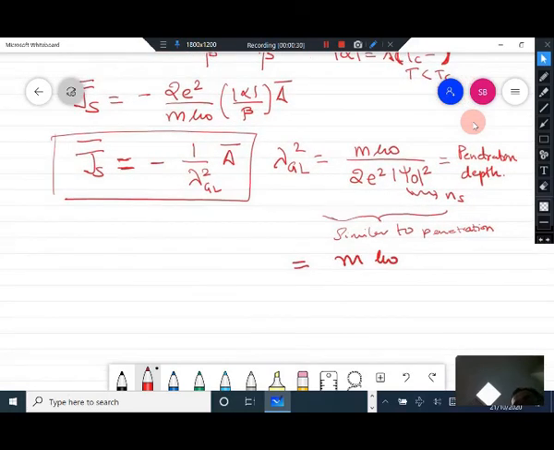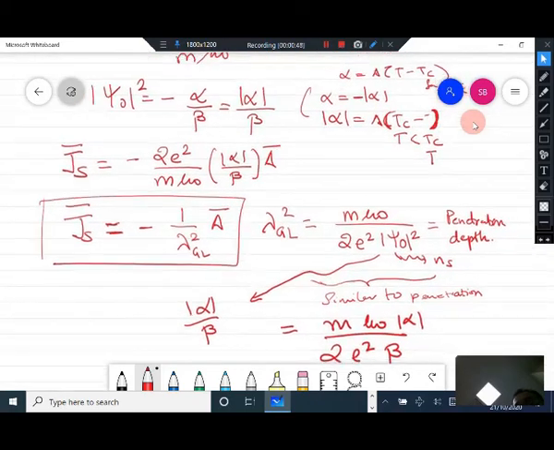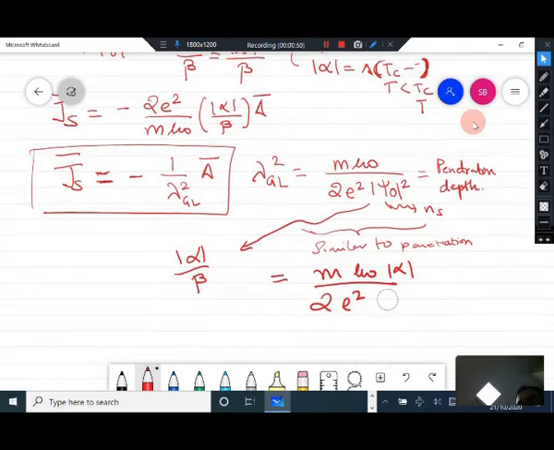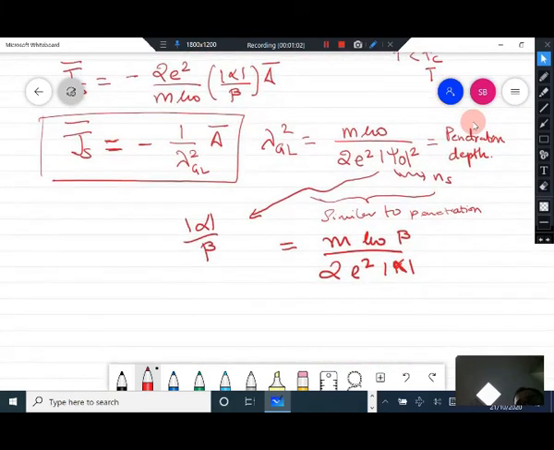If you write it in terms of GL parameters, it is 2e square beta by mod of alpha, because mod of psi naught square is also equal to mod of alpha by beta. Okay, so I'm sorry, here it should be mod of alpha by beta. Yes, okay, so this would be your lambda GL the whole square.